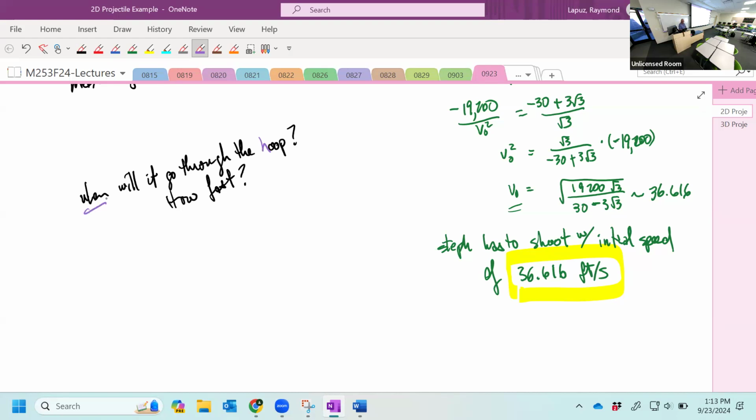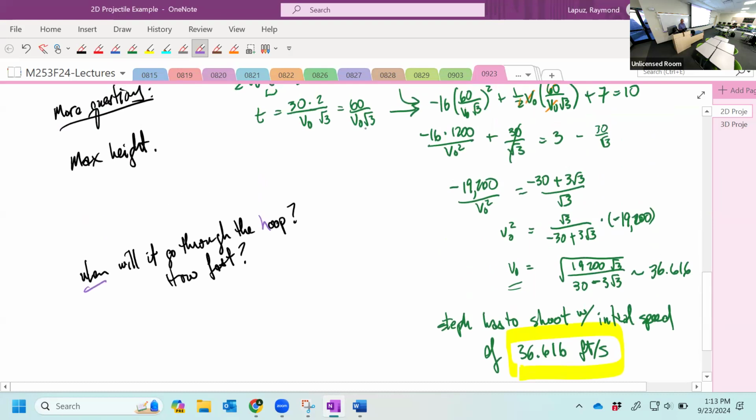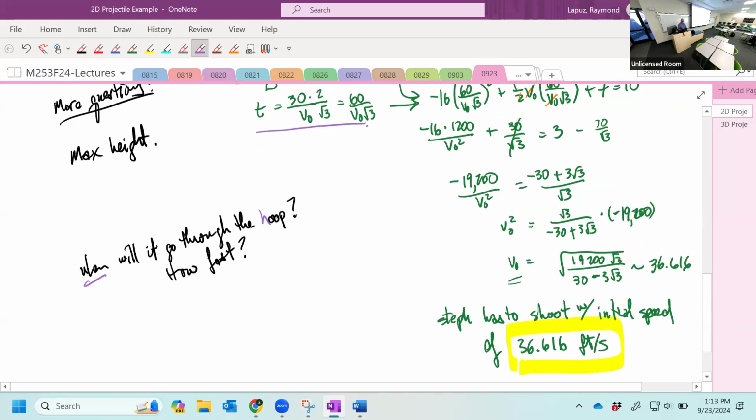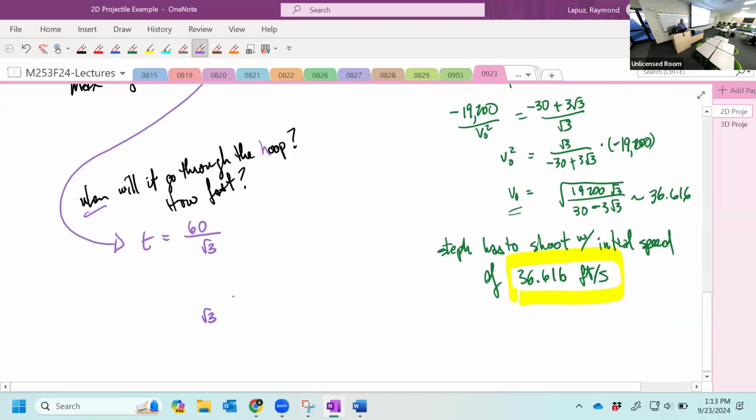So when is a question of time, and I think at some point here we solved for t going through the hoop. So if we know what t is equal to, 60 divided by v naught root 3. And we found v naught. 60 divided by 36.616 times root 3.